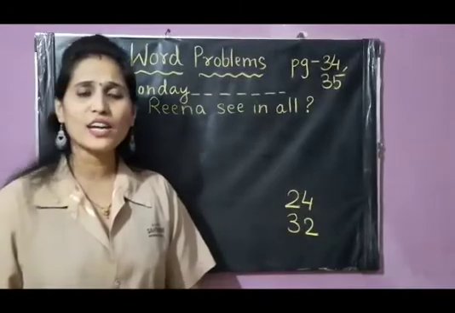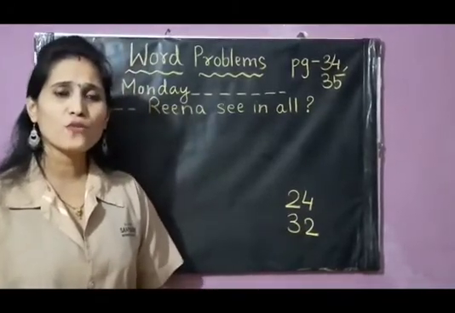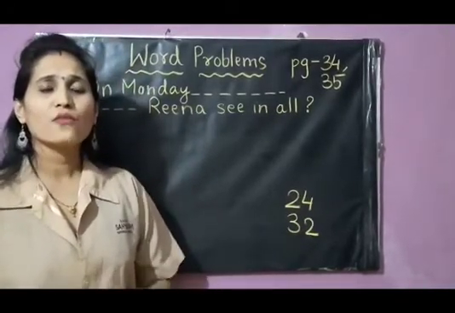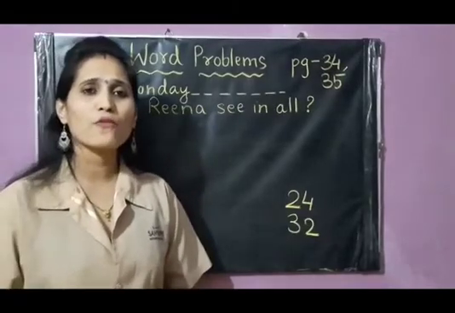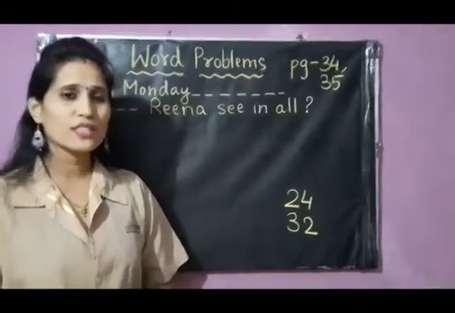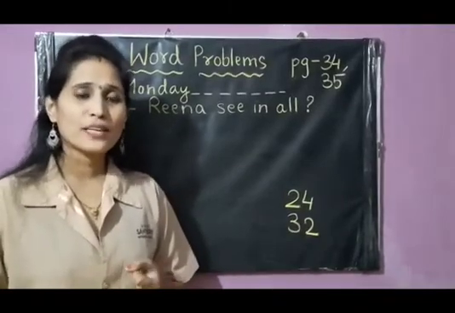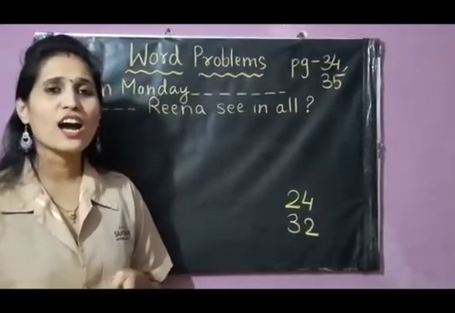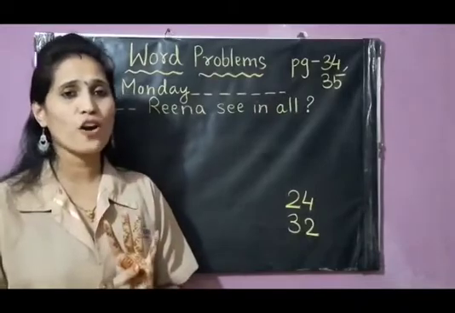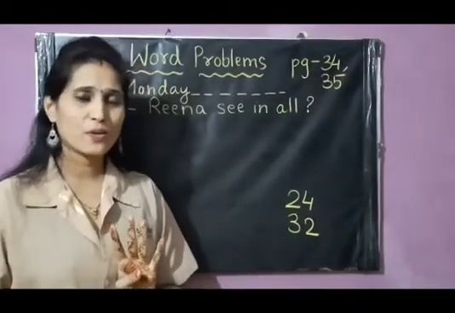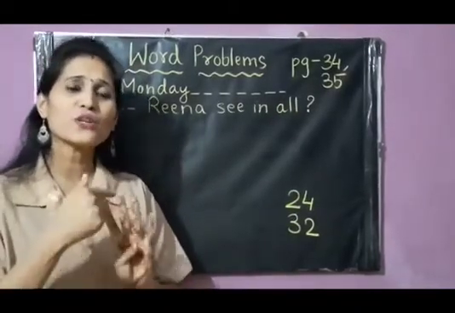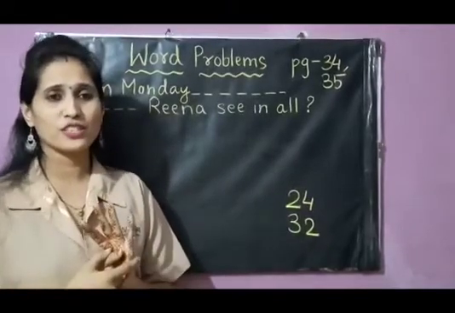When we are solving a word problem, children, first of all we have to know by which operation we have to solve this problem. Addition, subtraction, multiplication and division are the 4 basic operations of maths. Maths is related to all these 4 operations.